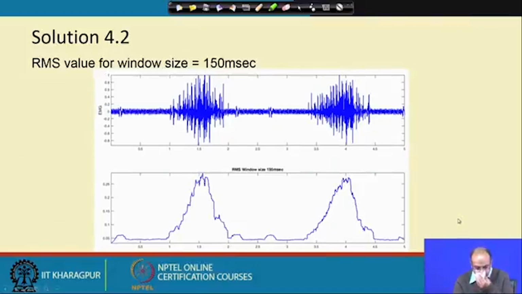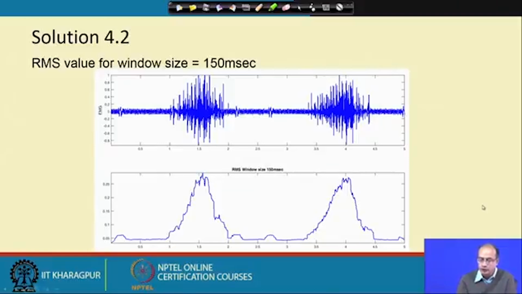Now, we will go for 150 millisecond. This one is giving us the best output, as it appears from the smoothness of the curve and the suppression of the small perturbations. Okay.